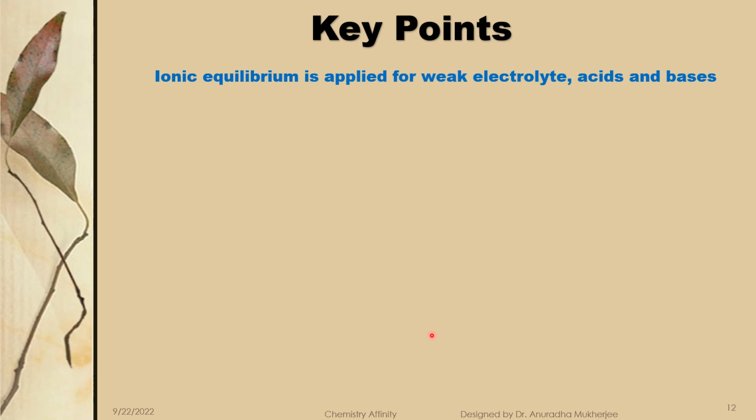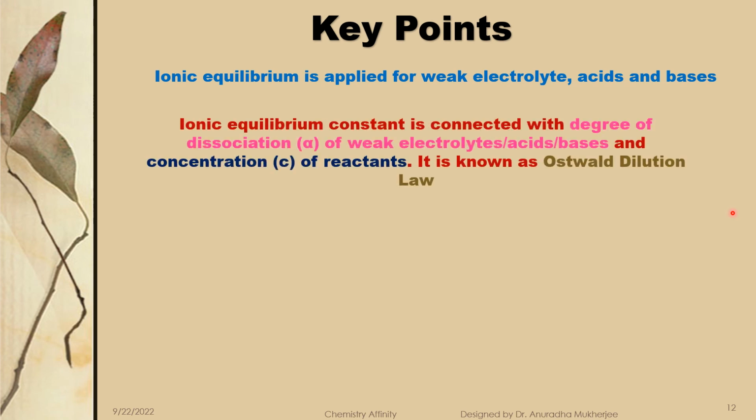Let's summarize the key points we have learned from this video. Ionic equilibrium is applicable for weak electrolytes, acids and bases. Ionic equilibrium is another name for chemical equilibrium. The ionic equilibrium constant is connected with the degree of dissociation of weak acids, bases or electrolytes and the concentration of the reactants, and it is called Ostwald Dilution Law.